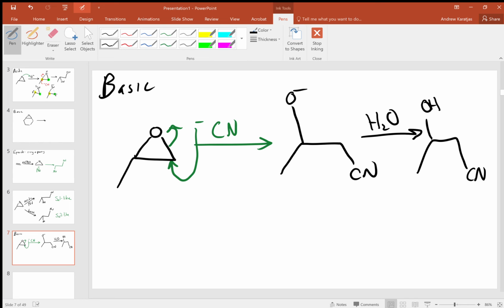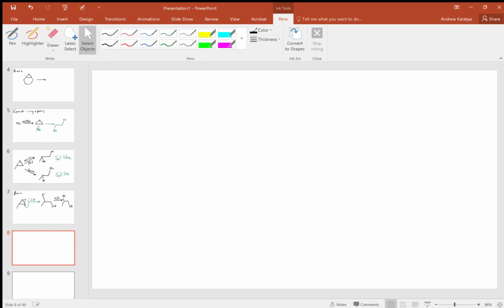So if this reaction is controlled by sterics, why is it then that using acidic conditions is going to reverse where the nucleophile goes? So when we add acid to many oxygen-containing functional groups, the first thing that often happens in these reactions is the lone pair on oxygen gets protonated.